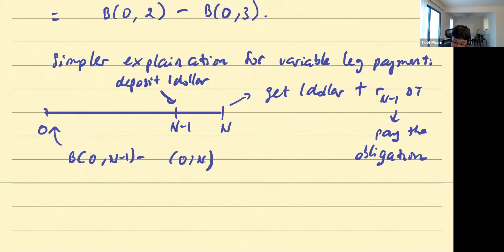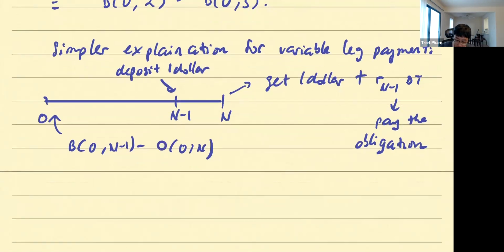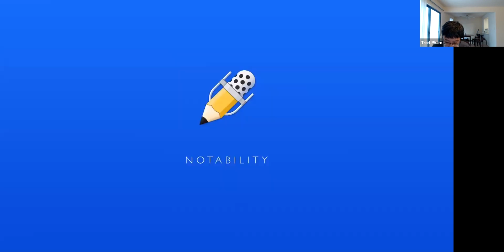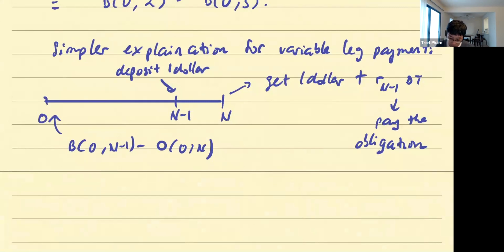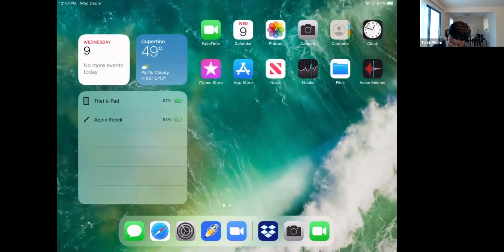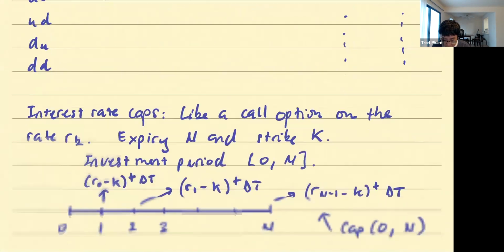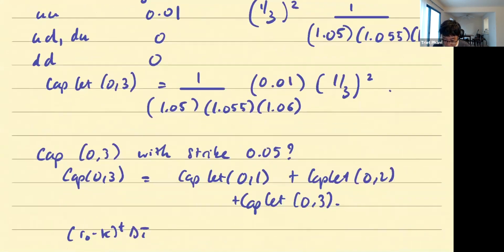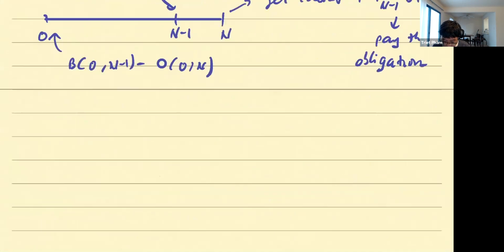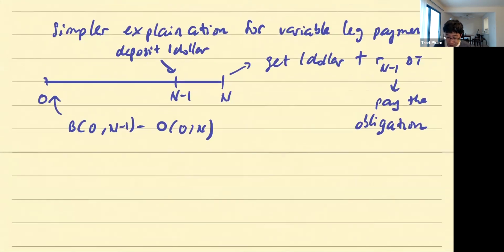And so, long story short, the forward rate, the fixed leg will tell you... sorry, my iPad's frozen. Okay, you can still see the screen, right?